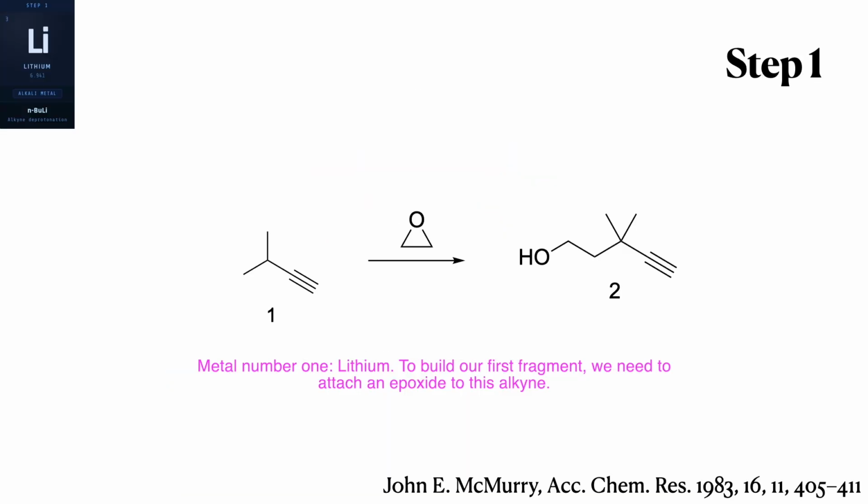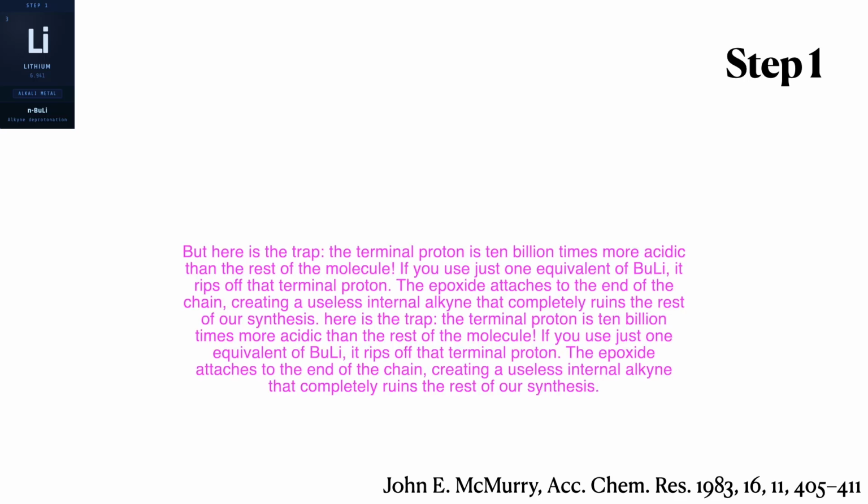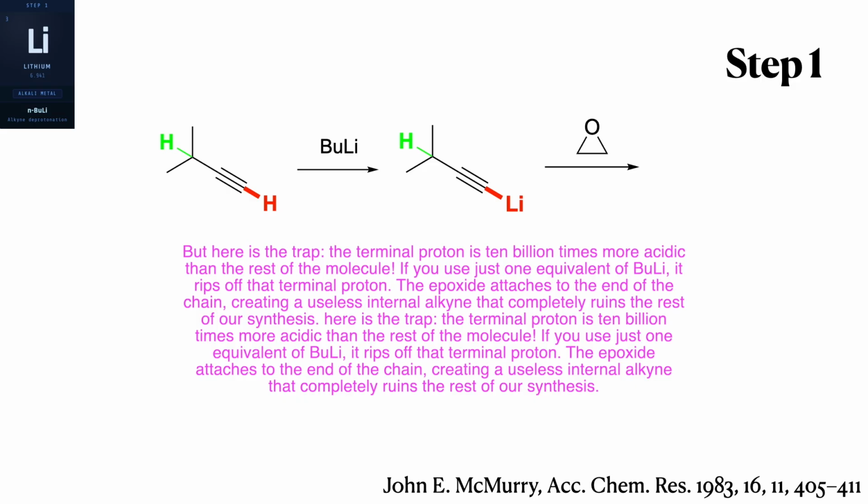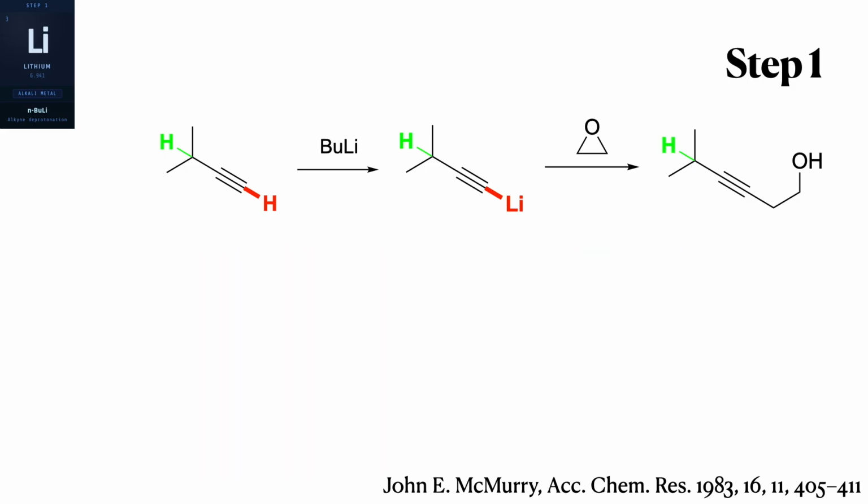lithium. To build our first fragment, we need to attach an epoxide to this alkyne. But here is the trap. The terminal proton is 10 billion times more acidic than the rest of the molecule. If you just use one equivalent of butyllithium, it rips off the terminal proton. The epoxide attaches to the end of the chain, creating a useless internal alkyne that completely ruins the rest of our synthesis.